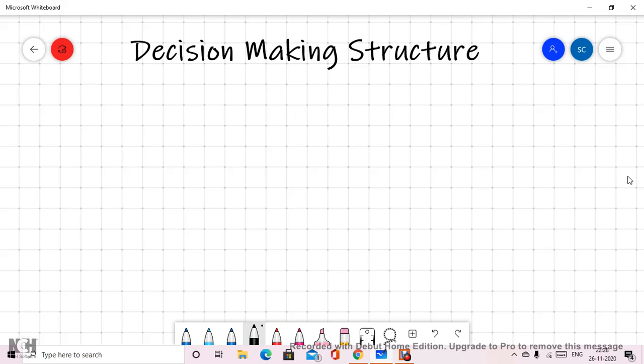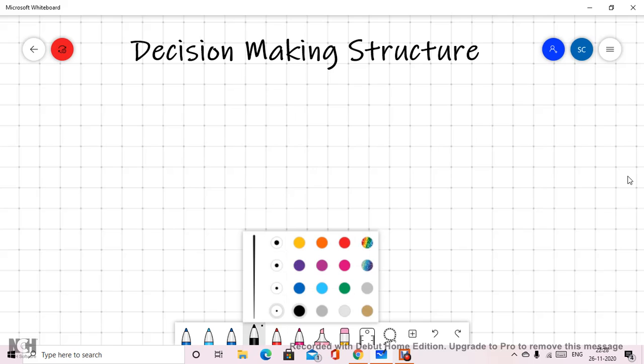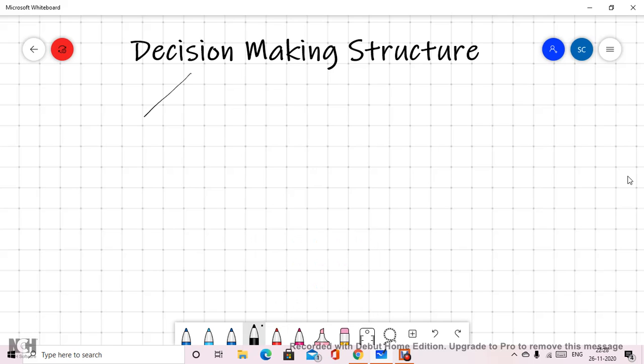So basically, we can make a decision whenever we have two choices. We can follow one choice when the condition is true and the other when the condition is false.